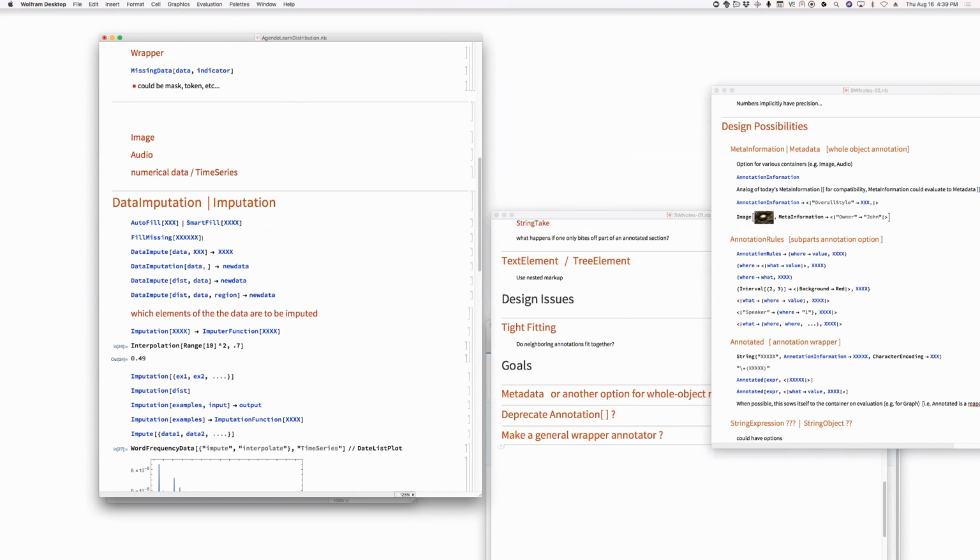Yeah, I prefer it as well. There should be a verb and a noun, I think. Okay, so fill missing would be the analog of data impute. Yeah, and the noun.